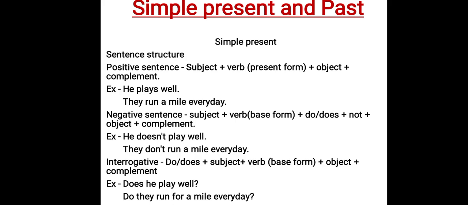So we will follow the same rule. First person and second person and third person plural will take do, and third person singular will take does. I hope you have learned to write sentences correctly in affirmative, negative, and interrogative sentences in simple present tense.